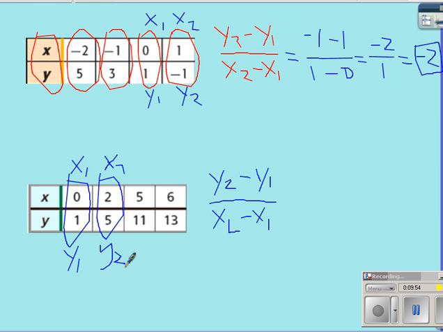All right, again, it doesn't matter which one's 1 or 2, just so long as you keep them straight. y2 minus y1, 5 minus 1, x2 minus x1, 2 minus 0. 5 minus 1, 4, 2 minus 0, 2, and a 4 divided by 2 is going to give me 2. Because remember, we do have to reduce. So even though it is an improper fraction, we can still reduce, and the slope is 2.